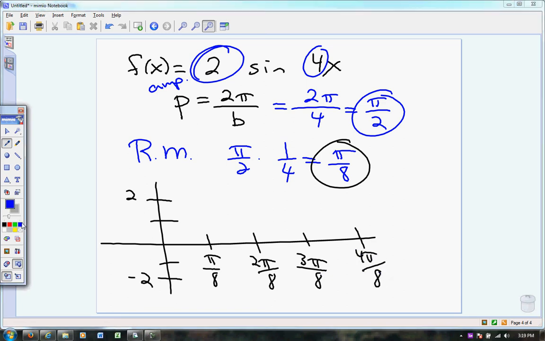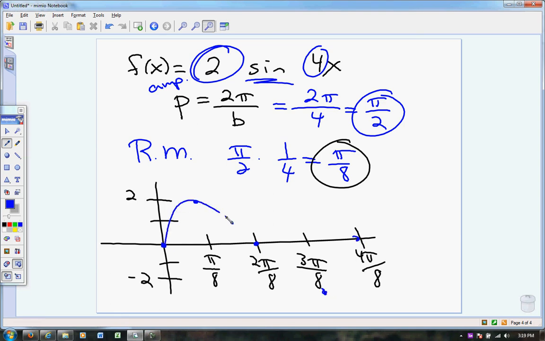And then we just fill in the dots. Since it is the sine function, I have a dot here, one here, there, there, and there. We called those the road markers, or sometimes they're called the quadrantal values.